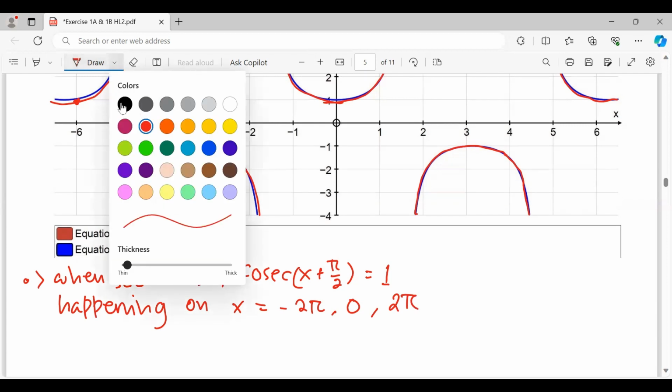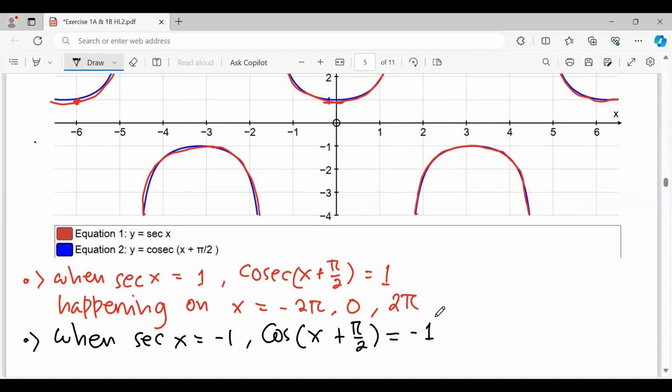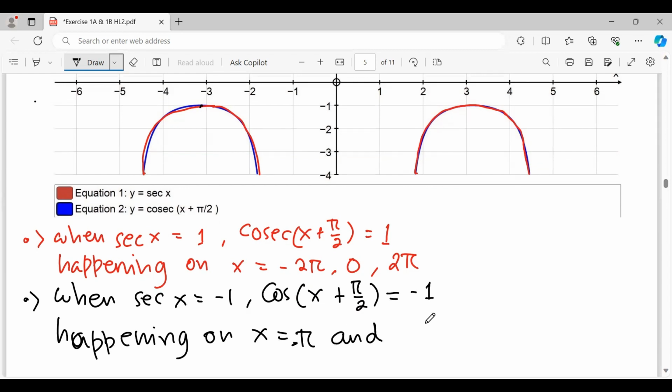And secondly, when secant x equals negative 1, cosecant of x plus pi half as well equals -1, and happening on x equals -pi and x equals pi.